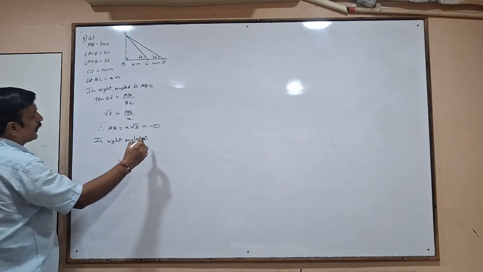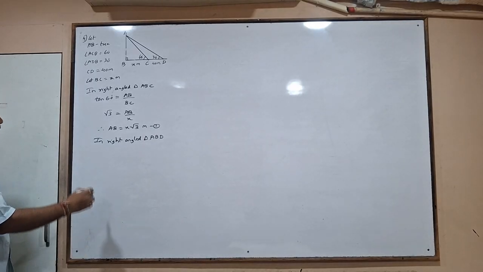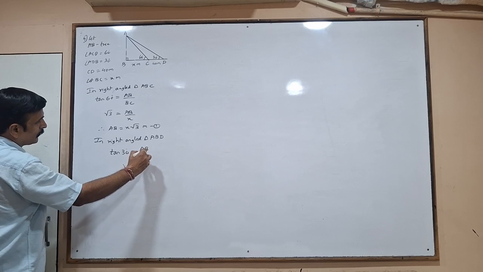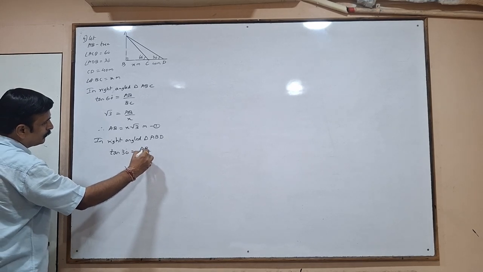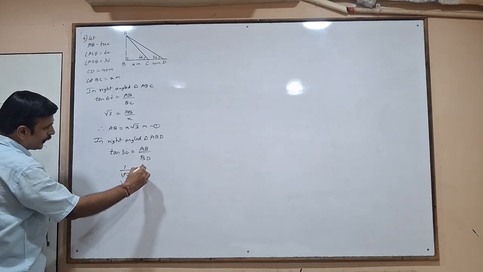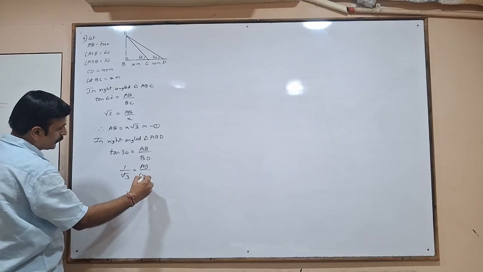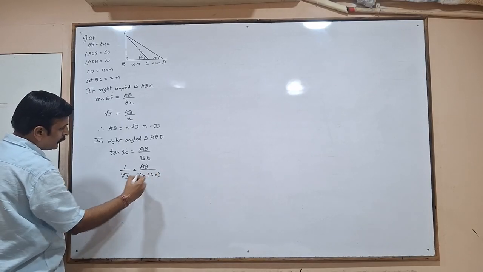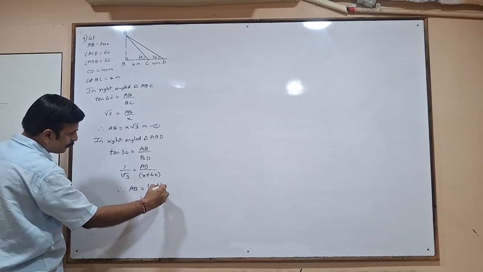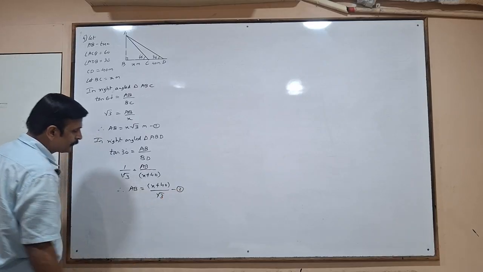In right angle triangle ABD, again tan 30, which is AB upon BD, 1 by root 3 is AB upon BD, BD is x plus 40. So AB is x plus 40 upon root 3.